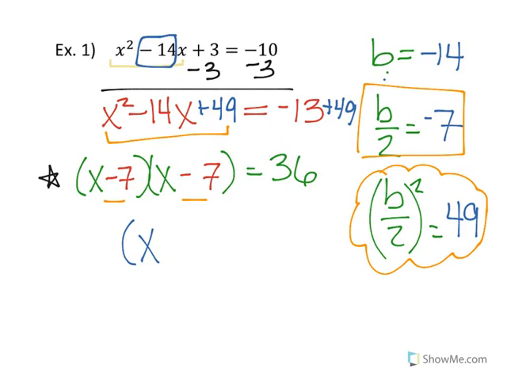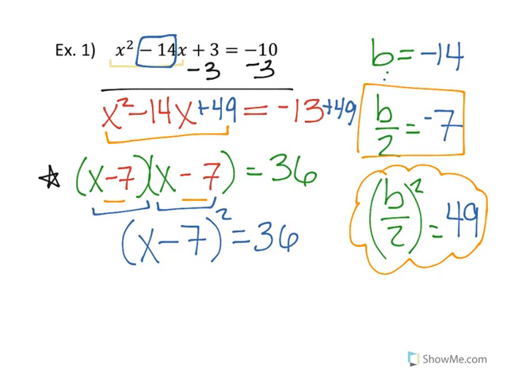Now because my b over 2 term is negative, it's going to be x minus 7 squared. And the reason that it's squared is because if I look above, this x minus 7 times x minus 7 is the same thing as x minus 7 squared. So again, that equals 36.